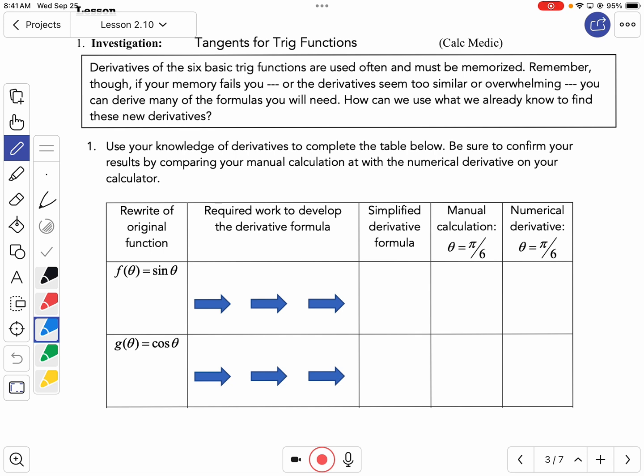Oh no, he's cosine, and then the derivative of cosine. So that is sine? Secant, yes. And then the derivative of cosine is negative sine. Cotangent is.